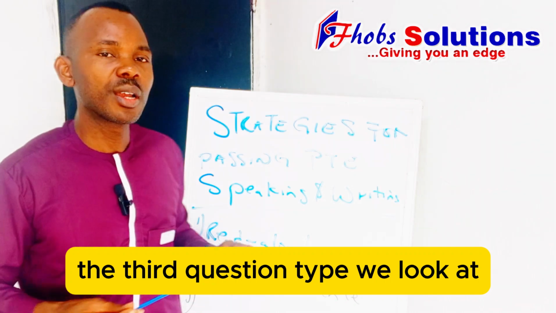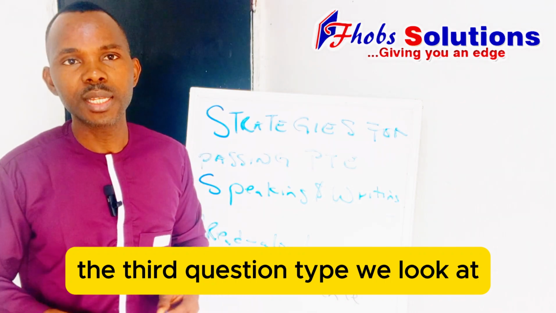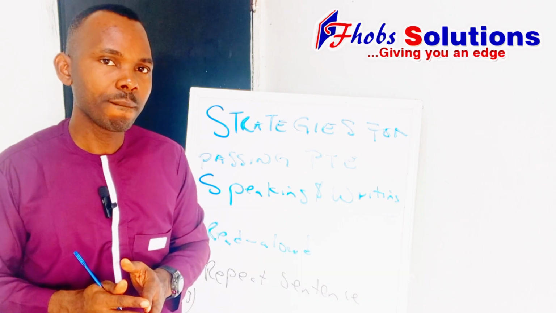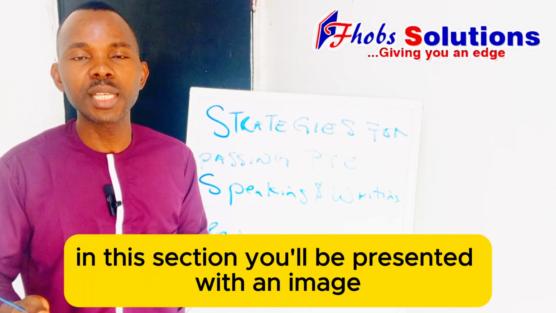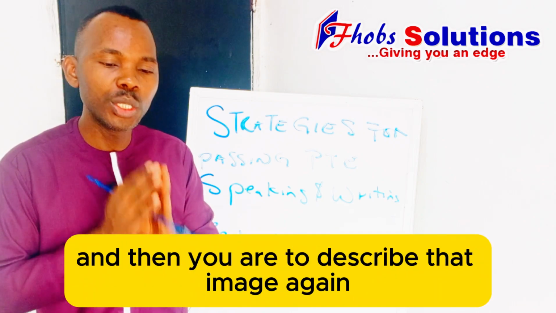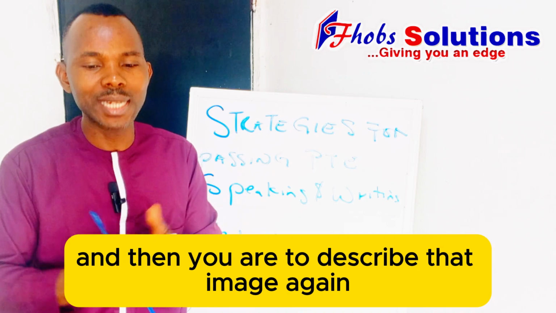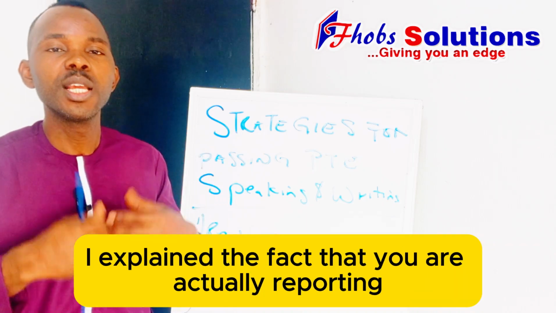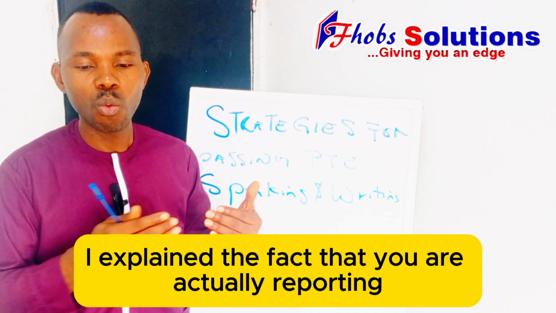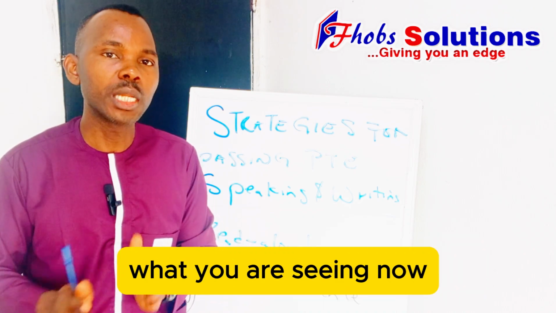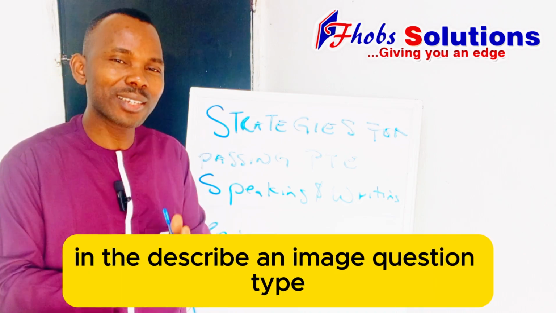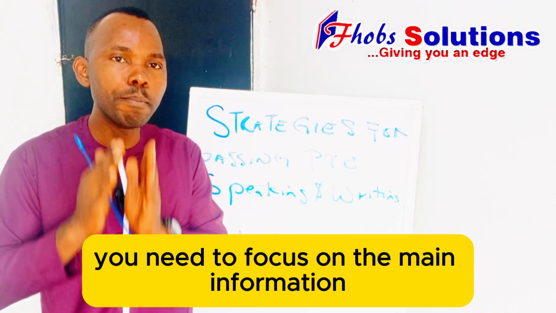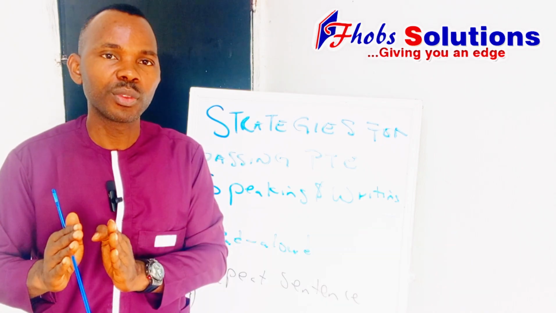The third question type we'll look at, and then we'll look at the strategy, is the describe the image. In this section, you'll be presented with an image, and then you are to describe that image. Again, in my previous video, I explained the fact that you are actually reporting what you are seeing. Now, for you to do well in the describe an image question type, you need to focus on the main information.